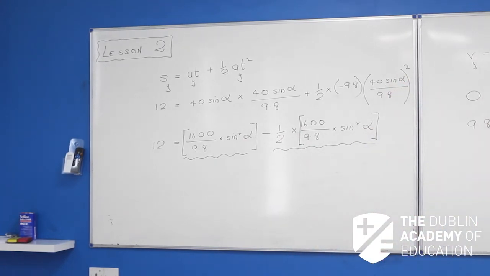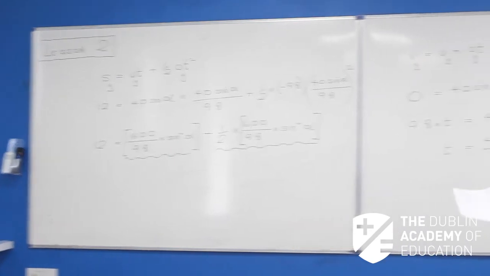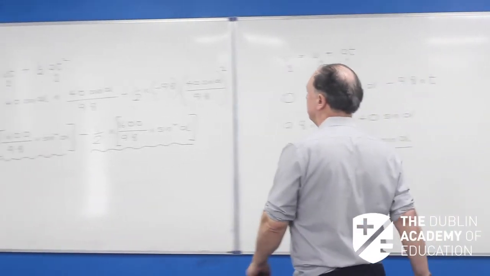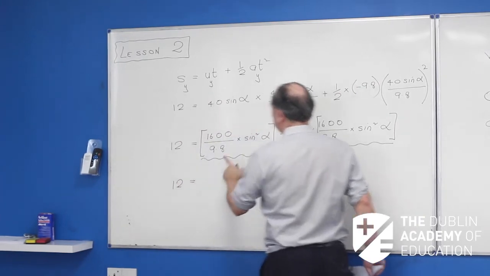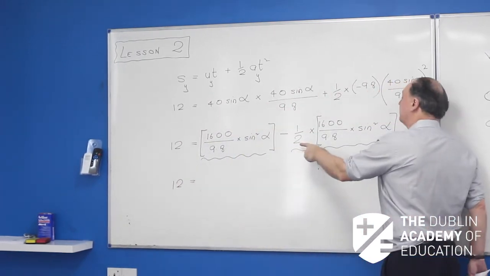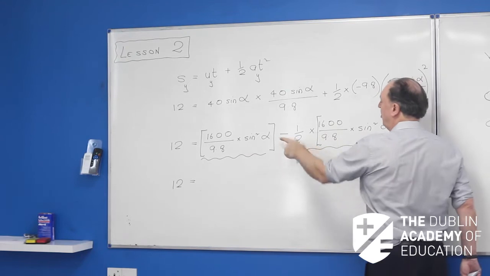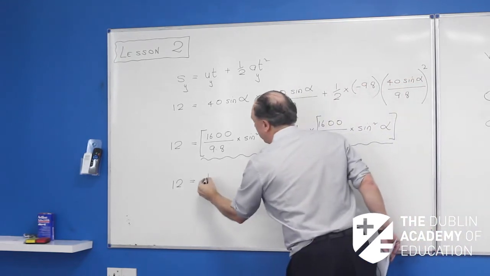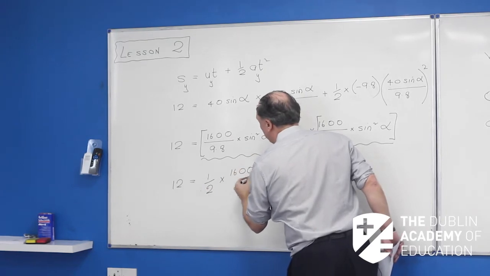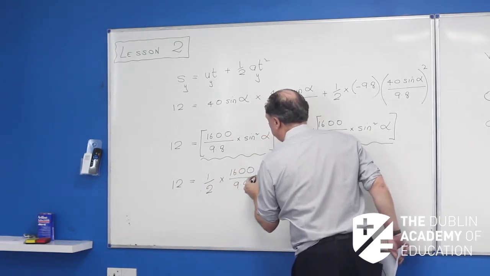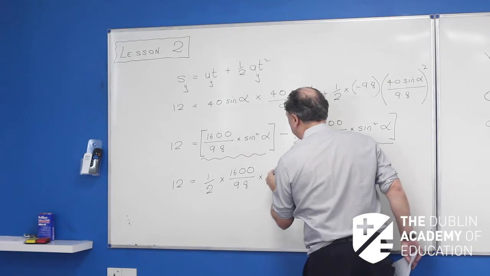It's almost like 1x minus a half x will give you a half x. So I get 12 is equal to that term minus that term. It's 1 minus a half. That gives me a half of 1600 over 9.8 by sine squared alpha.